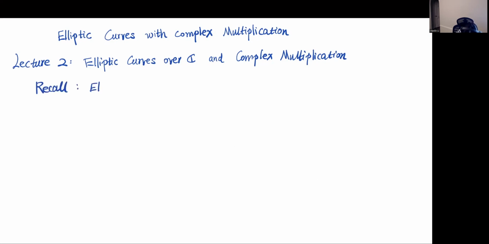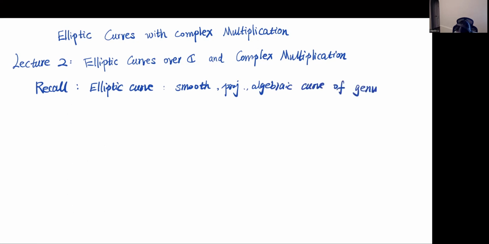So recall last time we defined elliptic curves. An elliptic curve is a smooth projective algebraic curve of genus 1, a curve of genus 1 with a marked point.